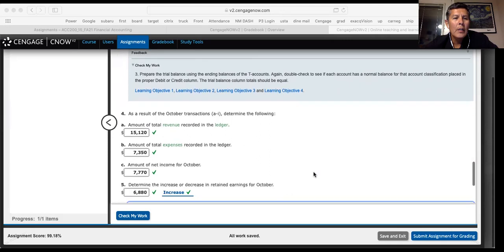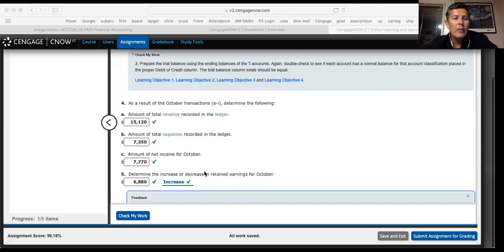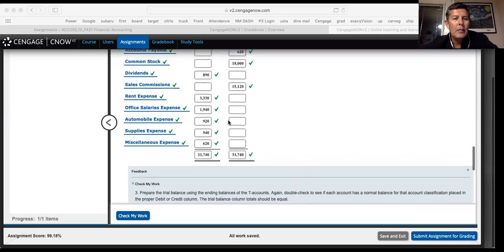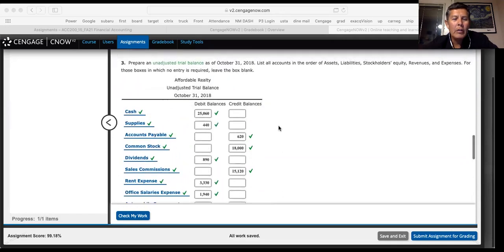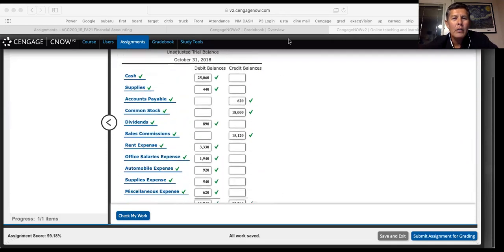Again, if we go through and take these numbers, we can create an income statement. We can also create a balance sheet. Let me use the annotation tool again. Anything above this line is the income statement.